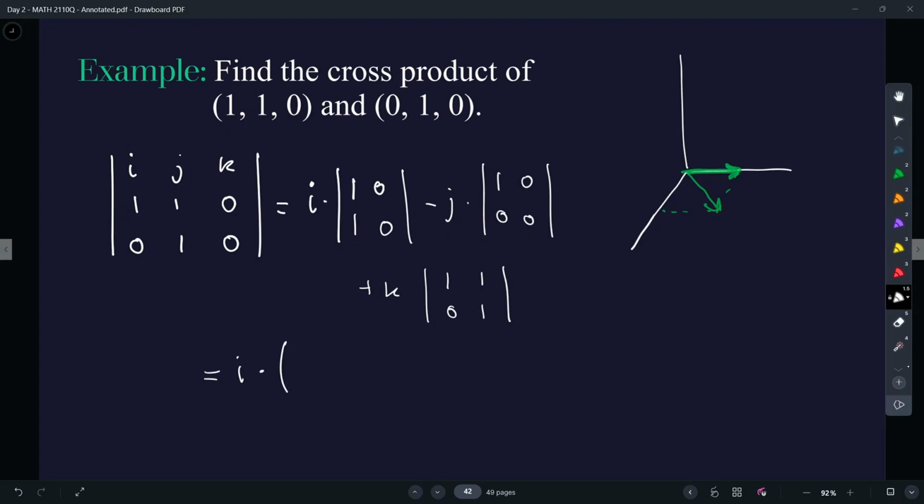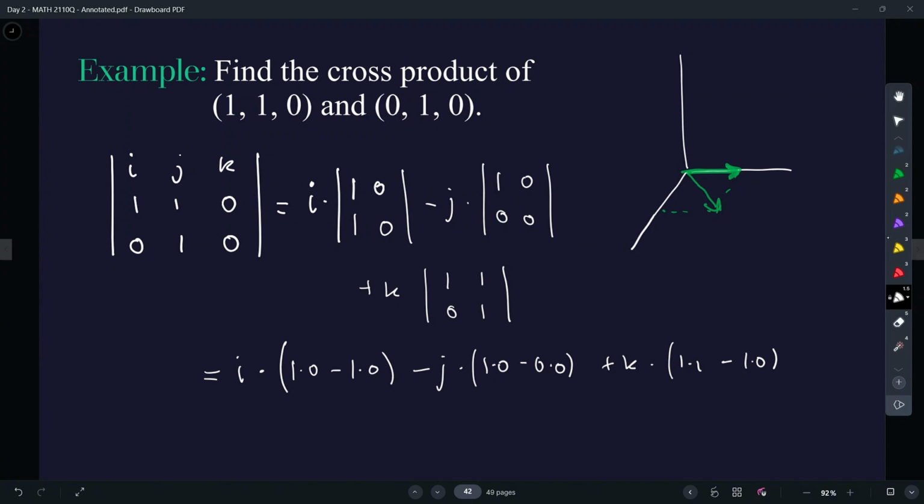Remember, it is this diagonal minus this diagonal. So it is 1 times 0 minus 1 times 0, minus j times (1 times 0 minus 0 times 0), plus k times (1 times 1, finally something will survive, minus 1 times 0).